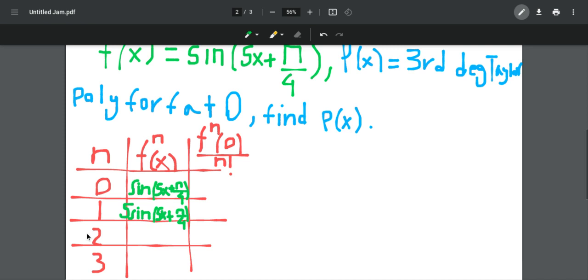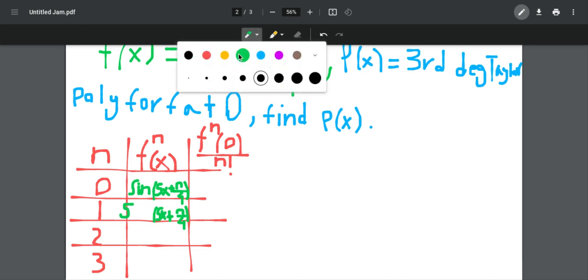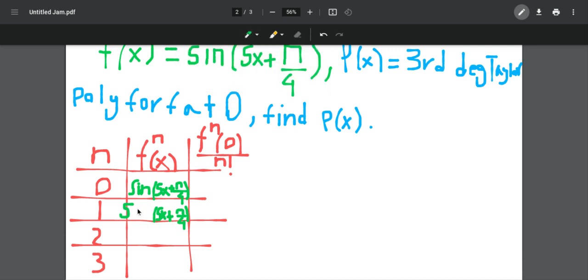And now we need to find the second derivative. When n is equal to 2, we need to differentiate 5 times cosine of 5x plus pi over 4. I'm sorry, I made a small mistake, this should be cosine because the derivative of sine is actually cosine.